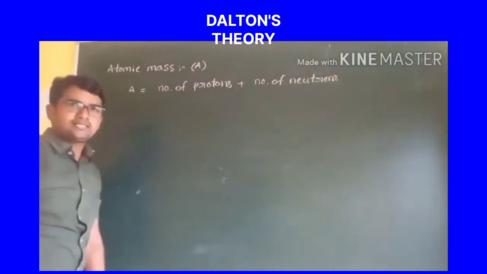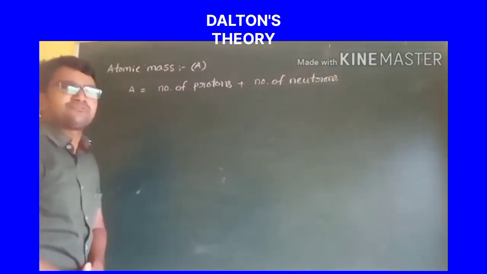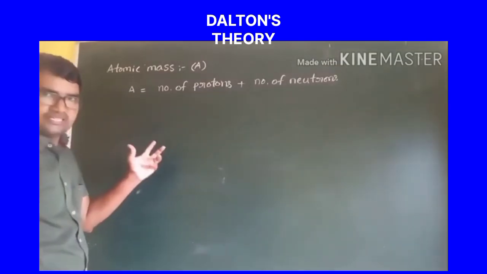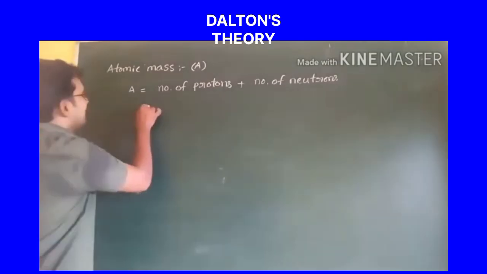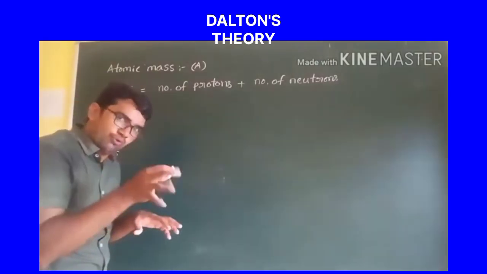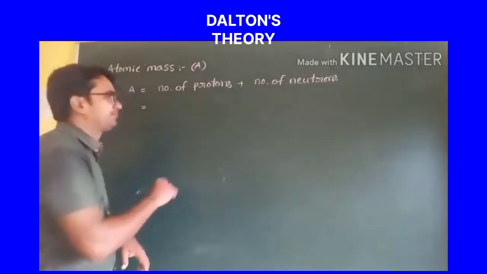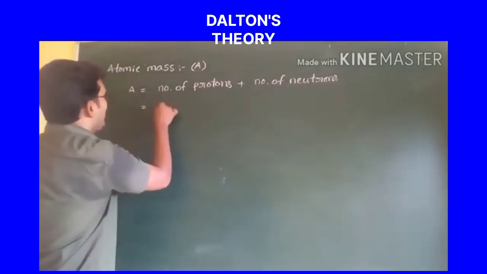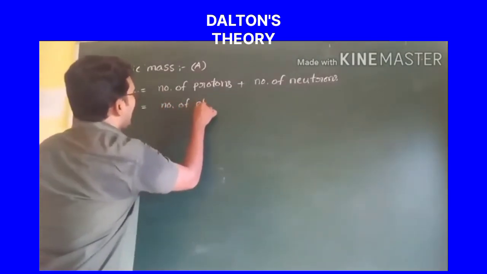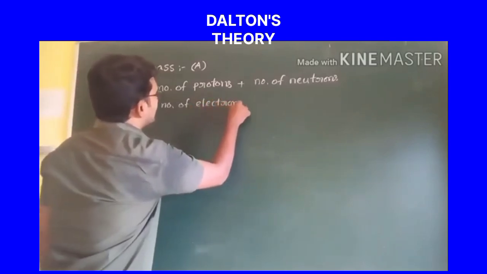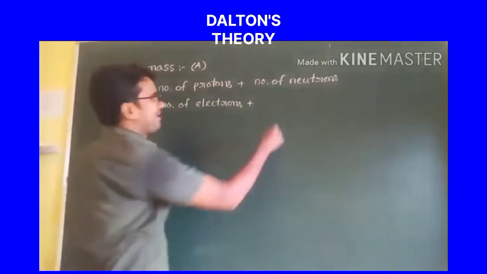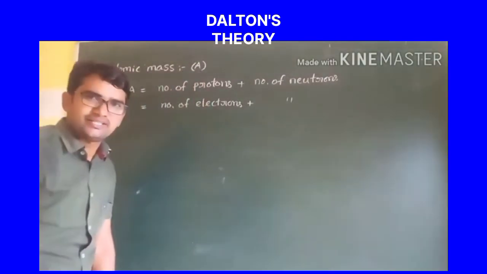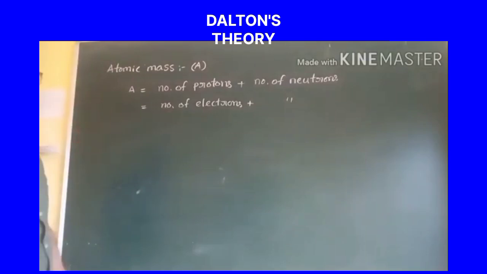Sometimes this is also written another way, applicable only for a neutral atom. Number of protons equals number of electrons. So number of electrons plus number of neutrons. Right? So this is about atomic mass.